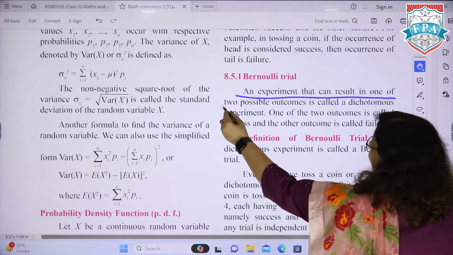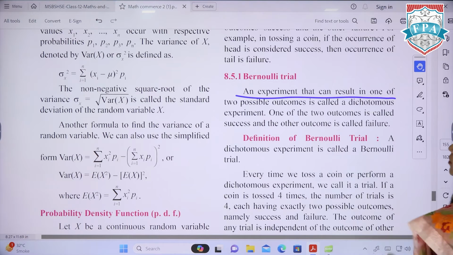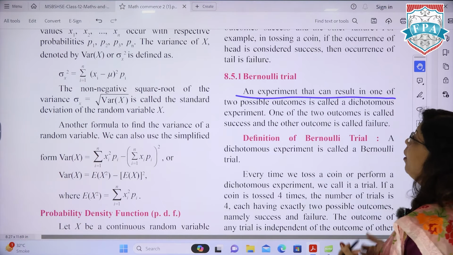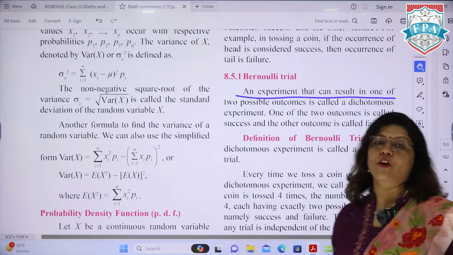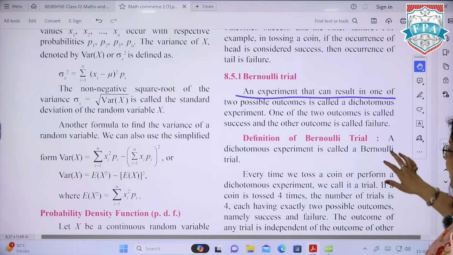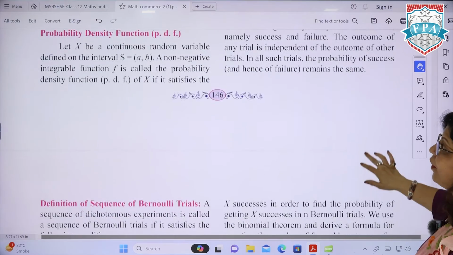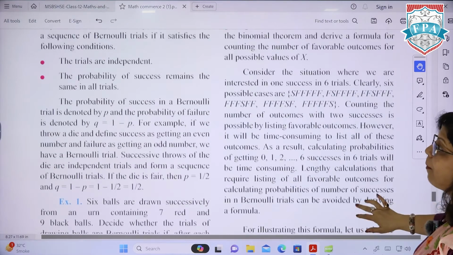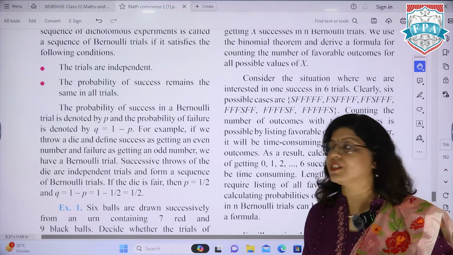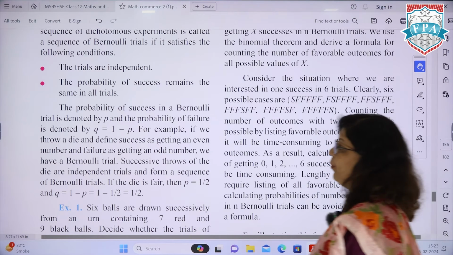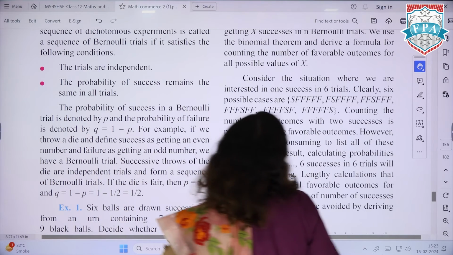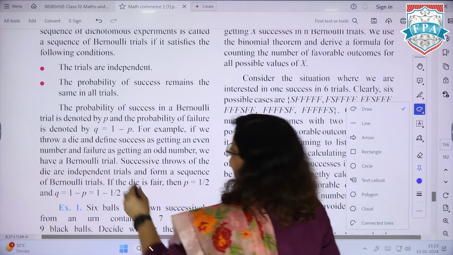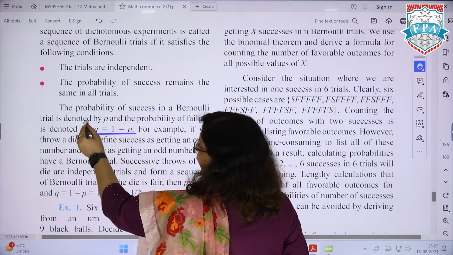It is also known as dichotomous because of the two outcomes, and binomial. So probability of success and probability of failure. If success is denoted by P, Q will be 1 minus P because it's the probability of failure.